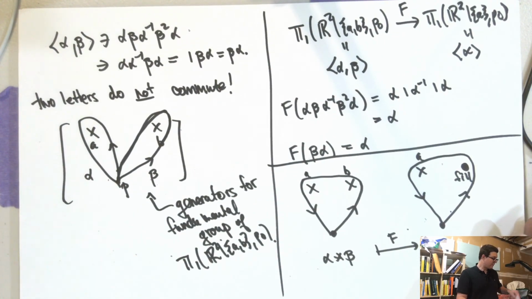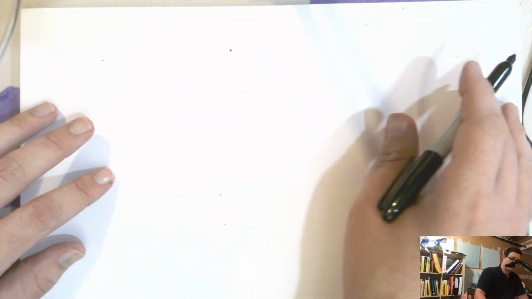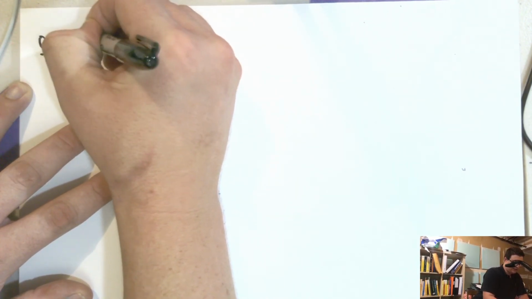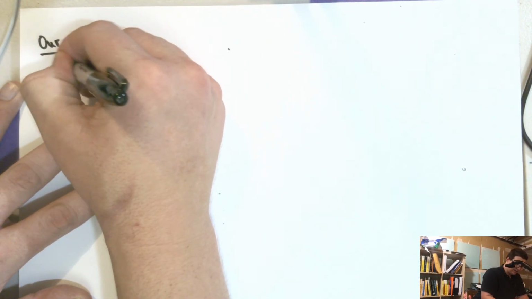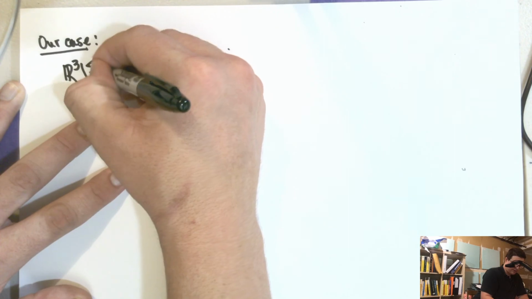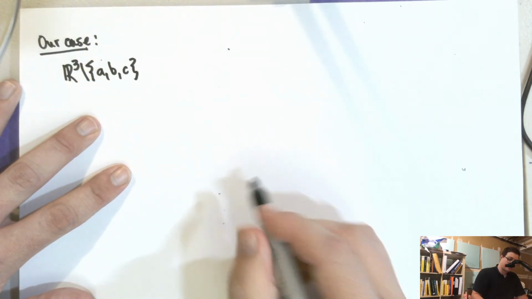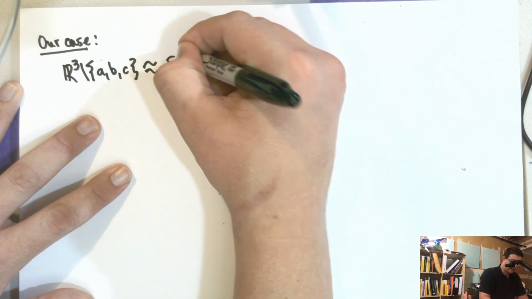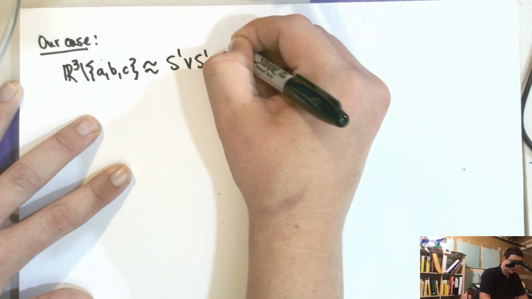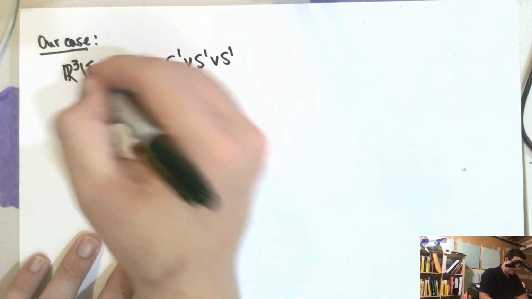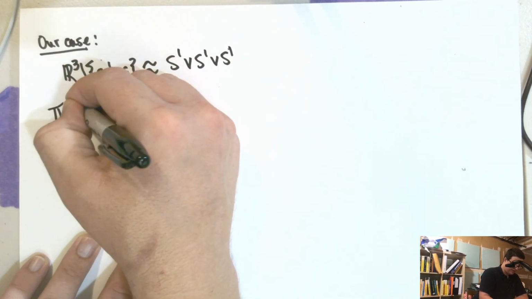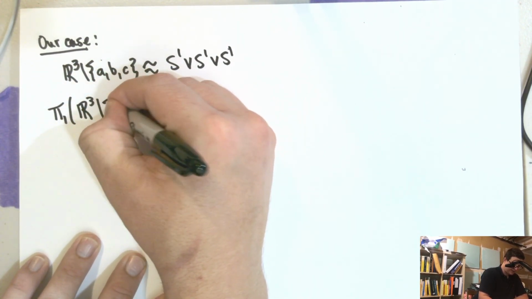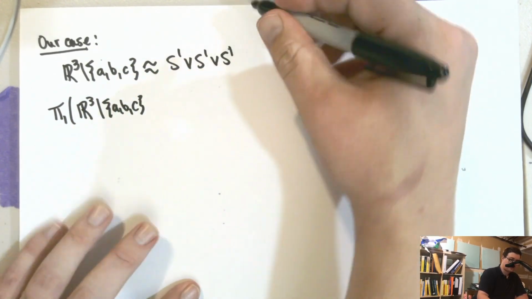All right, so now you can kind of guess what's going to happen. In the general case, in our case, we have R3 set minus 3 points, A, B, and C. It turns out that this thing is deformation equivalent to the wedge of 3 spheres, and we can compute pi 1 of R3 set minus A, B, C. So what does the wedge of 3 spheres look like, by the way?